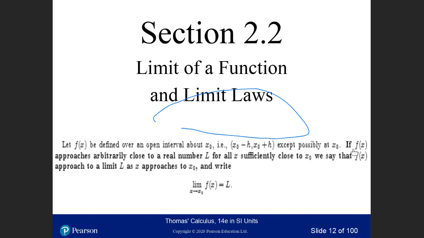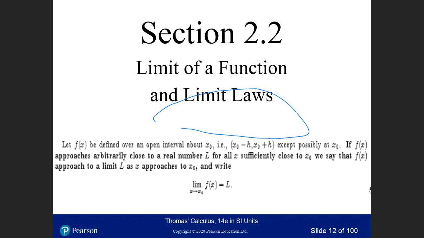If f of x approaches arbitrarily close to a real number L, that's not a very mathematical definition, that's a crude definition of what we mean by limit. For all x sufficiently close to x0, not at x0, we say that f of x approaches a limit L as x approaches x0.